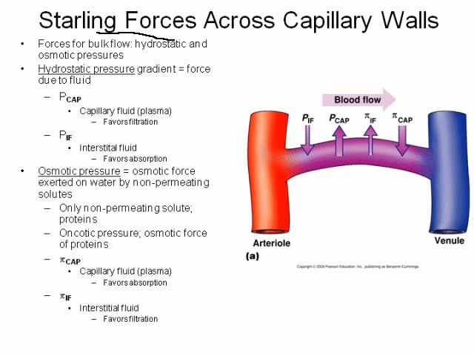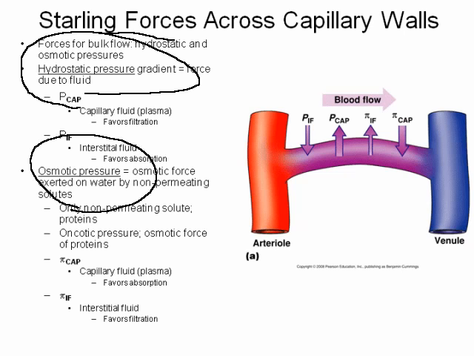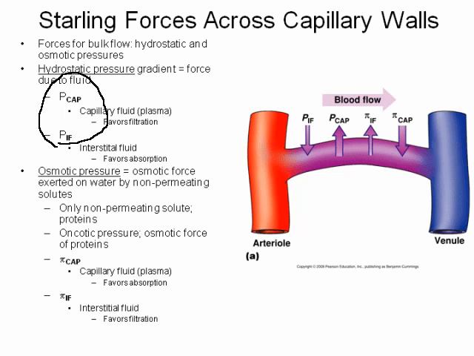So these Starling forces, there are two basic forces, but there are two compartments, plasma and interstitial fluid. So you end up with a total of 4 different components that you have to be concerned with. And capillary hydrostatic pressure and the interstitial fluid osmotic pressure both favor movement of material out of the plasma, which of course would be filtration because we're filtering material out of the plasma.